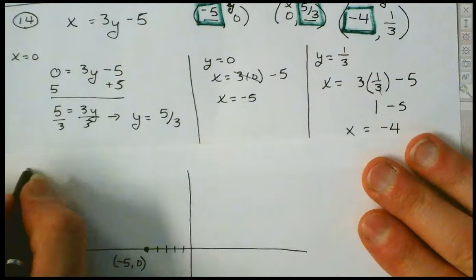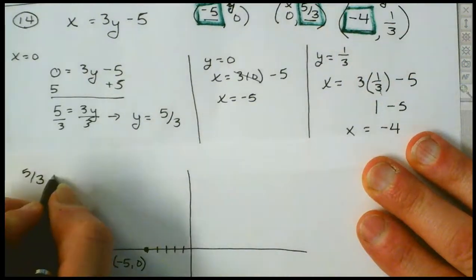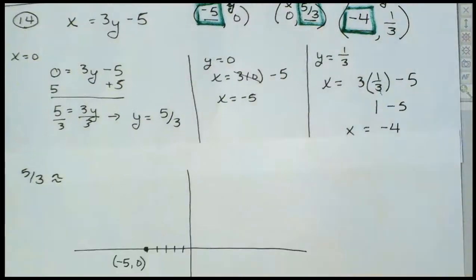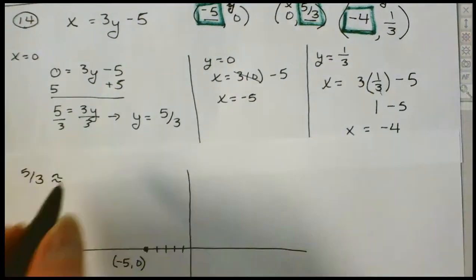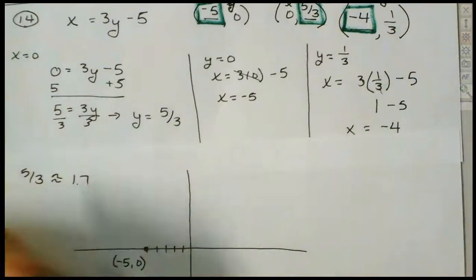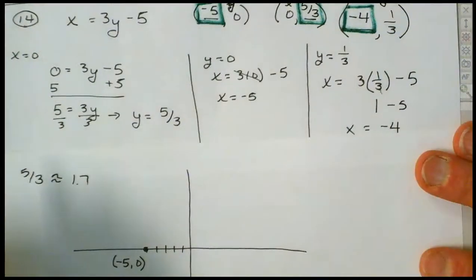And what do we know about 5/3? Well, when we take this out to 1 decimal place, I believe that should be 1.7. Let's double check. That's going to come out to be approximately 1.7. So that means my ordered pair would be 0, comma 1.7, which is about 2.